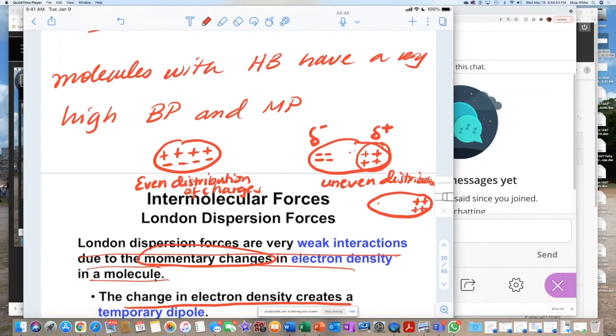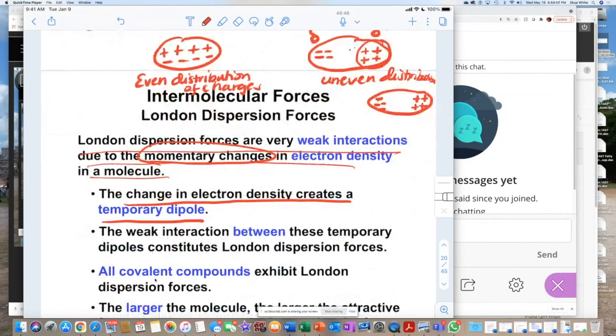They'll repel, leaving the negative charge, right? Same thing will happen with the next molecule. The positive will be pushed away, the negative will be close to this other end. So in the end, what we have now is the positive and the negative attracting each other, and this happens in the whole molecule.